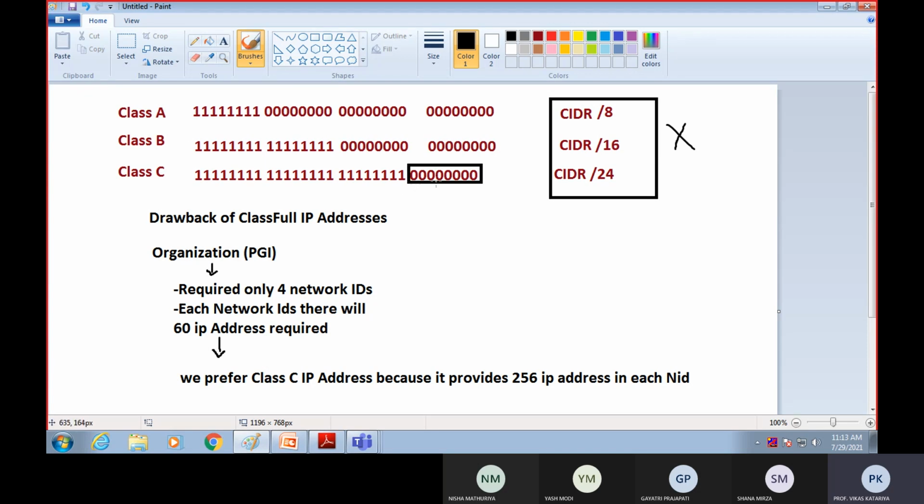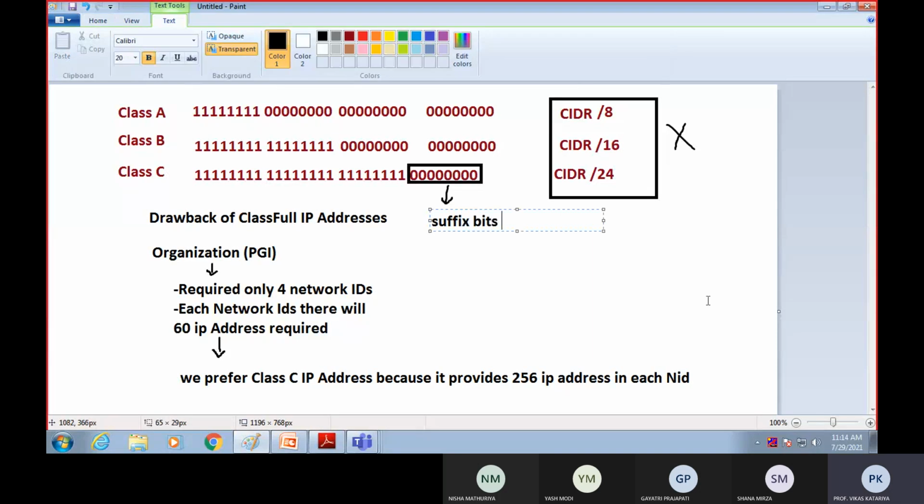So in class C, there are a total of 8 bits, which is the suffix. Suffix bits equal 8. And if you take 2 raised to the power 8, it gives us 256. It means that by setting suffix bits to 1, we can customize the total number of hosts.